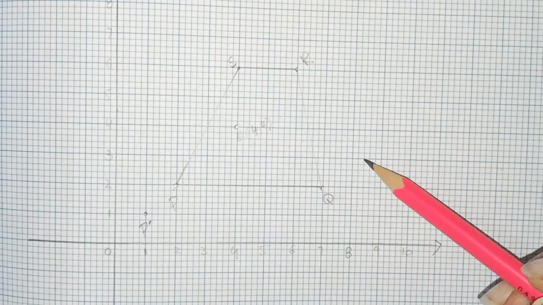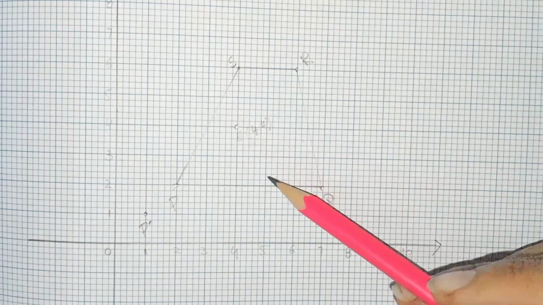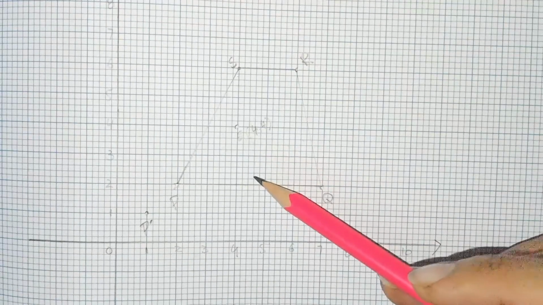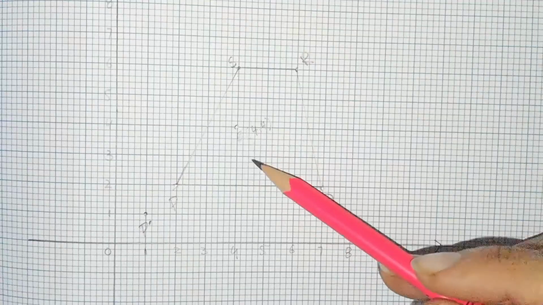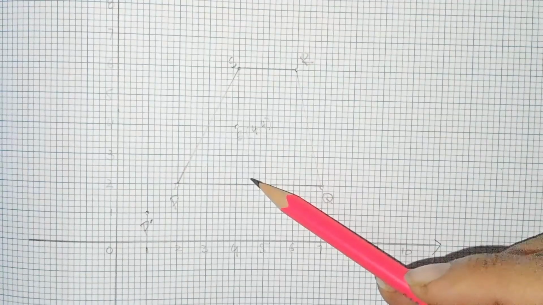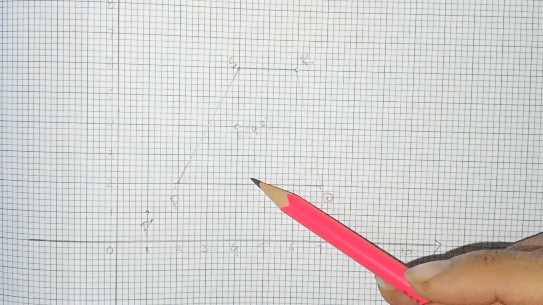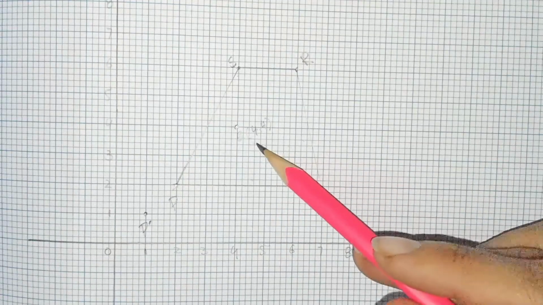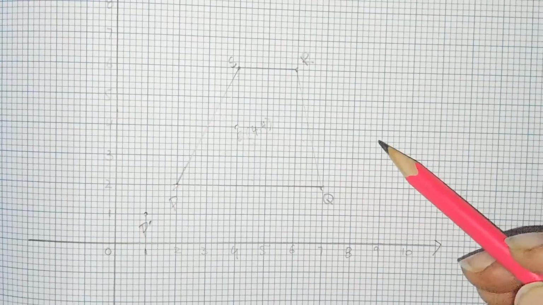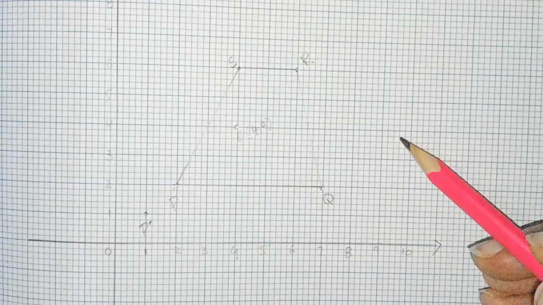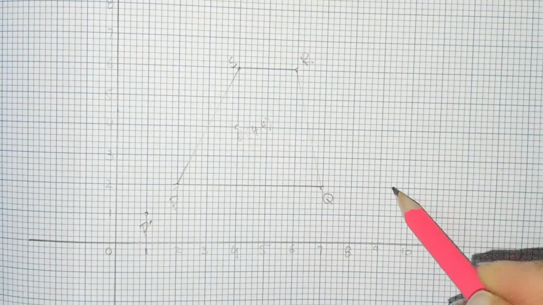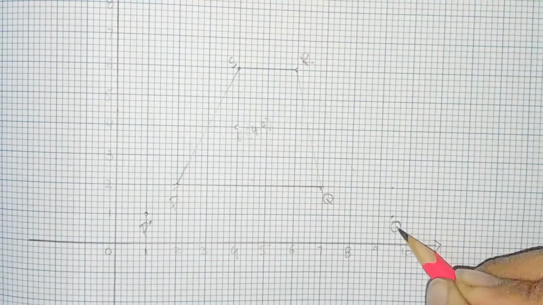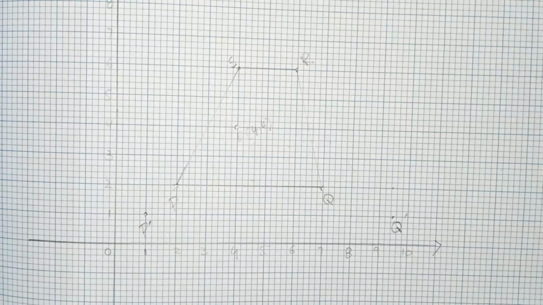Now how many points away is it along the y-axis? It is 2 points. 2 multiplied by 1.5 gives 3, and we move 1, 2, 3, and this is the point Q prime.